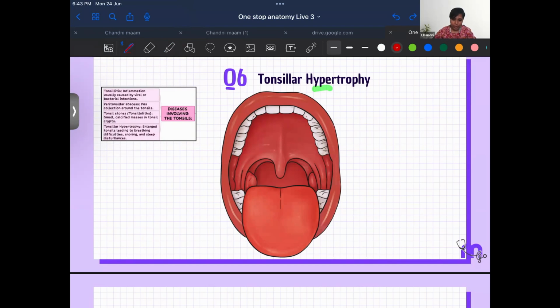Then you can talk about apex, soft palate, palatoglossal and palatopharyngeal arches, base of the tongue. So a triangular tonsillar fossa with the tonsil inside it. This is a good diagram to draw.